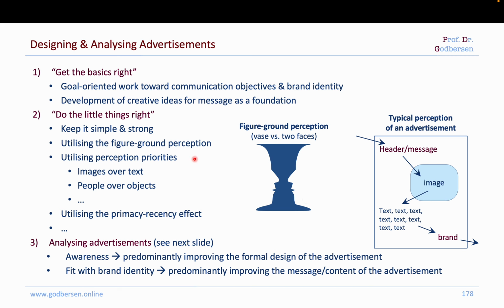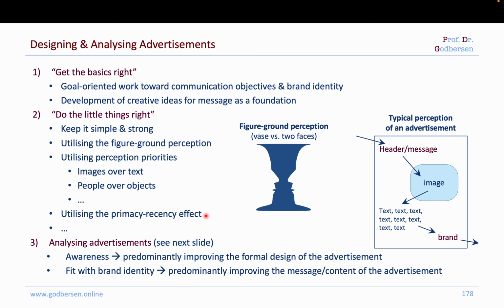Utilize perception priorities. Images are stronger than text. People are stronger than objects. Large objects are stronger than small objects, and so forth. There are more of these techniques and rules. I would just like to go to utilizing the primacy-recency effect and the typical path of perceiving an advertisement.